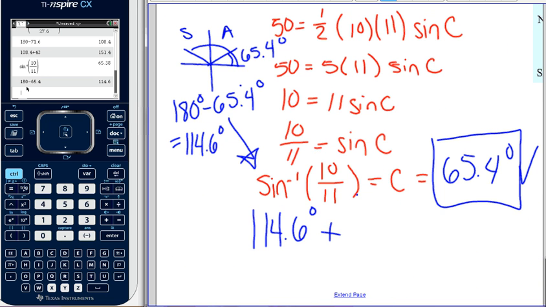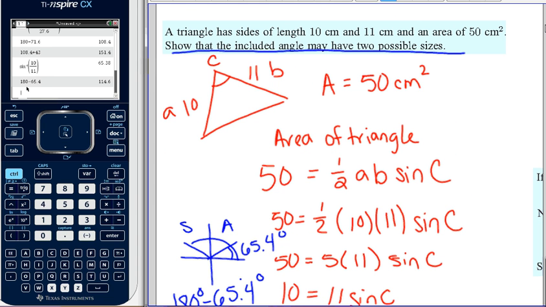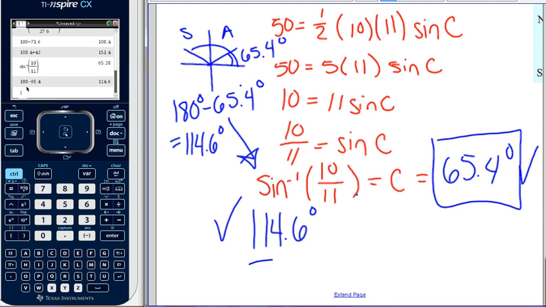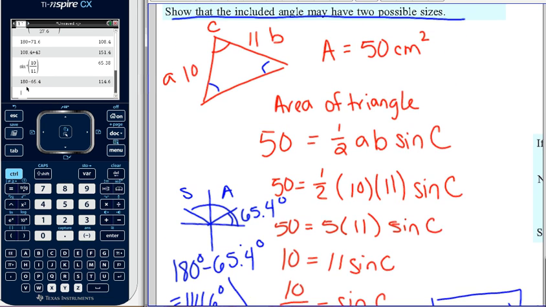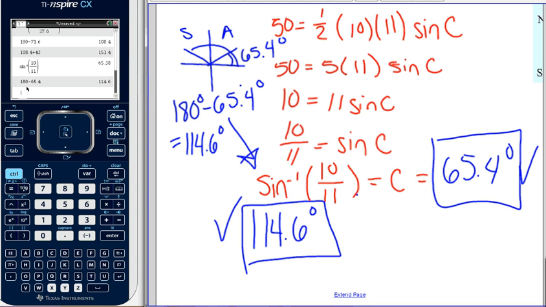So already this angle is not more than 180 degrees, so we know that it's also another possible solution to our triangle, because we don't have any values for these missing angles. So as long as this is not more than 180 degrees, then we know that it's going to be one of our solutions as well. So when you're doing law of sines and when you're finding the missing angle when given the area of a triangle, you should always check for two solutions.